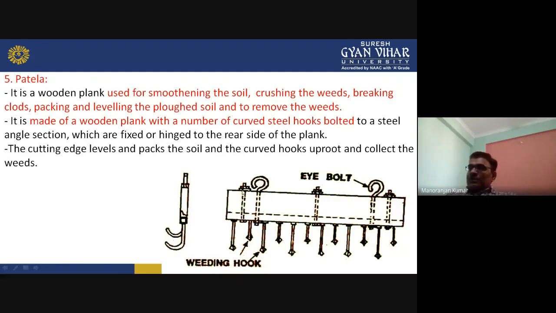It is made of a wooden plank with a number of curved steel hooks. These are the curved steel hooks bolted to a steel angle section, which are fixed or hinged to the rear side of the plank. The cutting edge levels and packs the soil, and the curved hooks uproot and collect the weeds. Okay. So this is the patella.